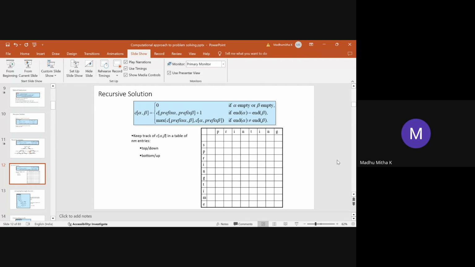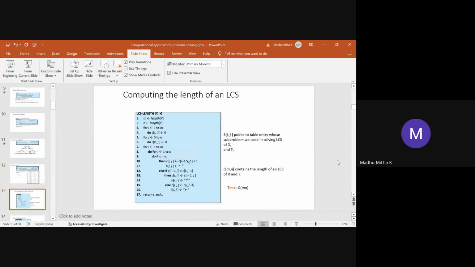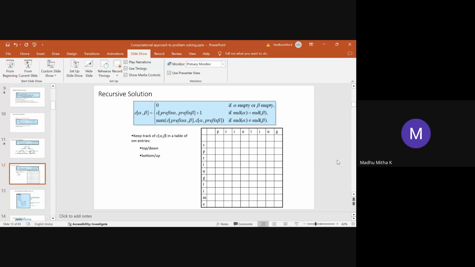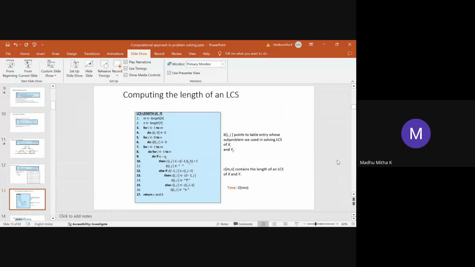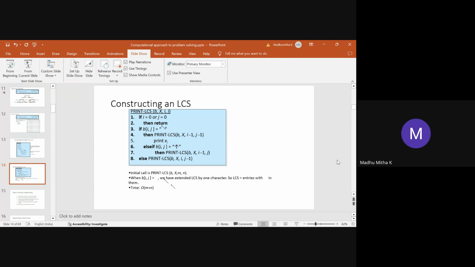If the subsolution of x is equal to the subsolution of y, here I have given them as alpha and beta, if they are equal, you will store the series of values. If they are not equal, you place the maximum value available in the prefix. And there is also one more algorithm for constructing the longest common subsequence.